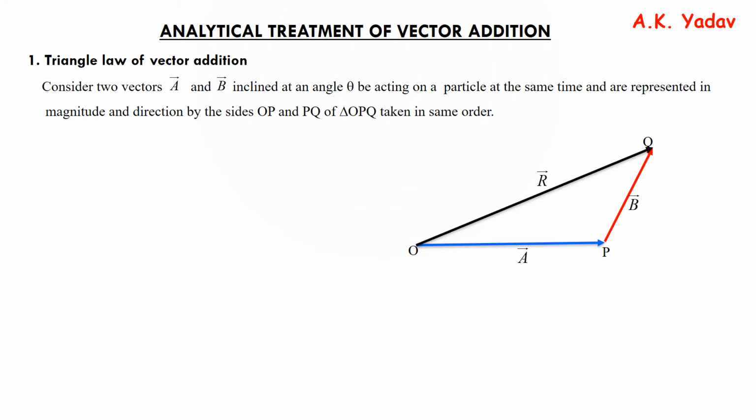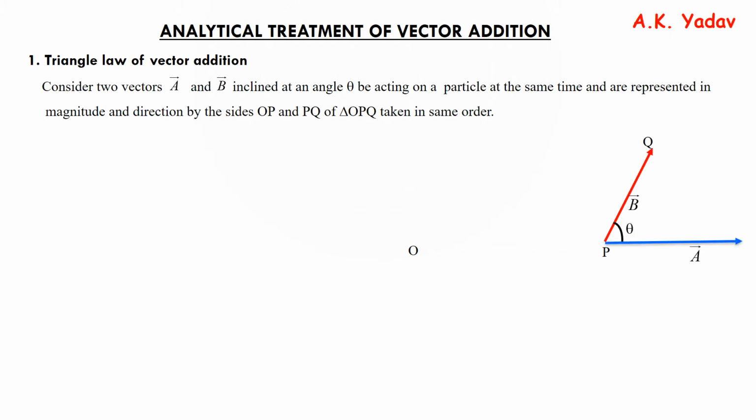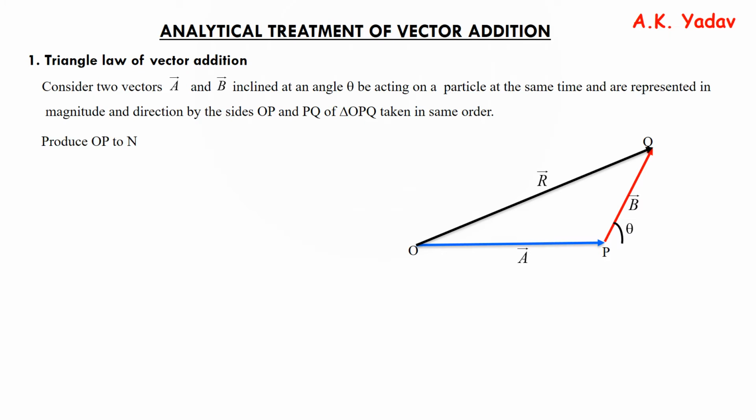Then the resultant is R. Now what about the angle theta? Yes, the angle theta is between the two vectors A and B, and the angle is always between the tails. That's why this is the angle theta, not this angle. Okay, now this was the resultant R.